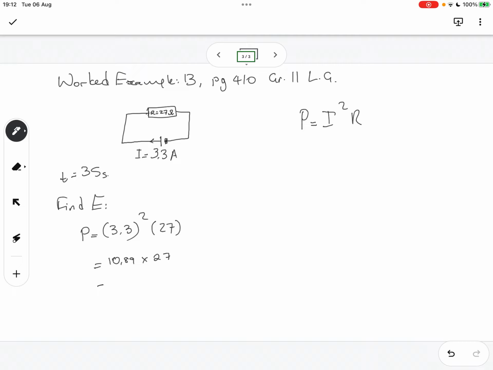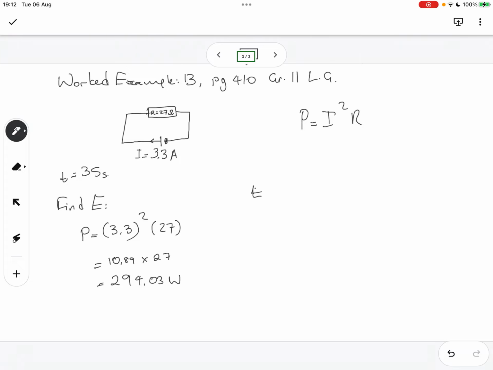Because every second counts. So 10.89 times 27 then becomes 294.03 watts. That's just the power rating.